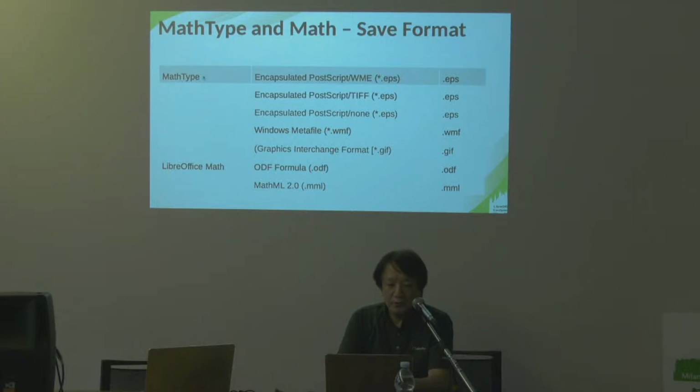MathType save formats are here, 1, 2, 3, 4, 5, from .eps to .gif. LibreOffice Math saves only two formats, .odf and MML. So the format is different.